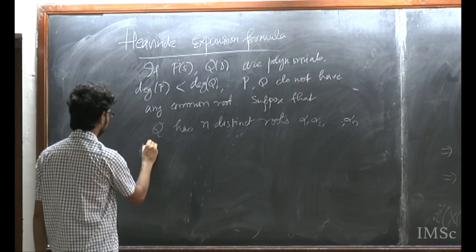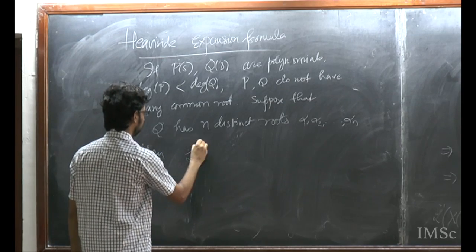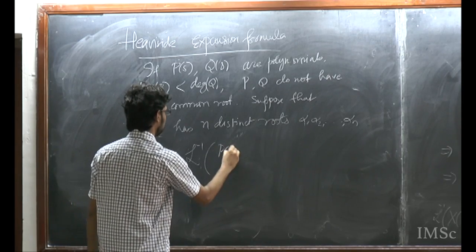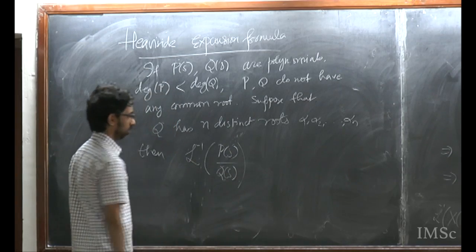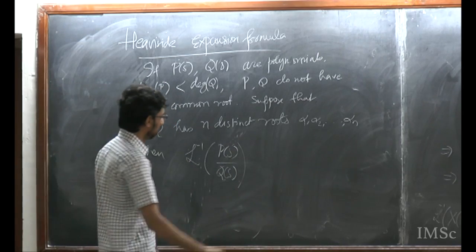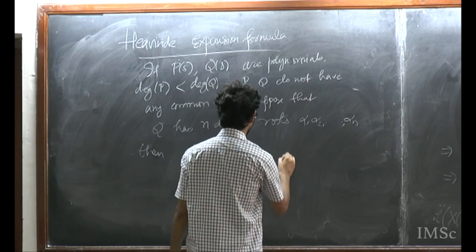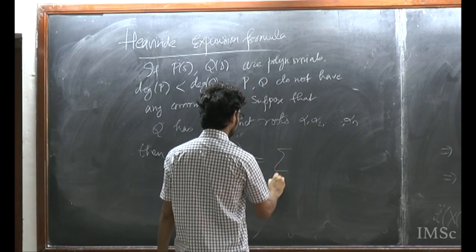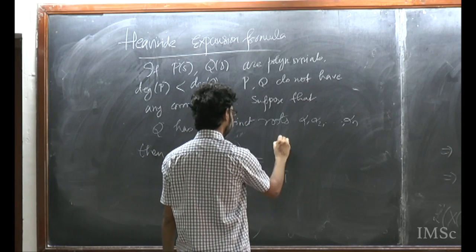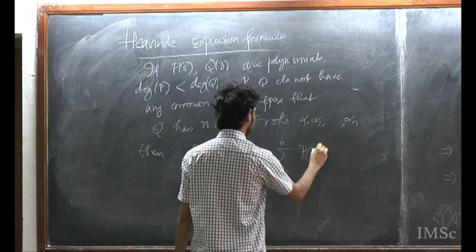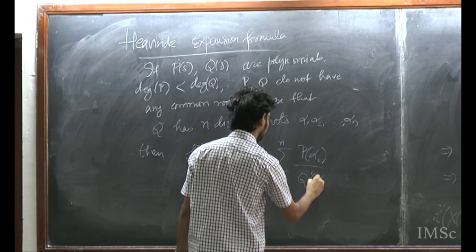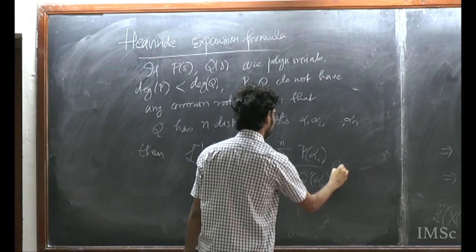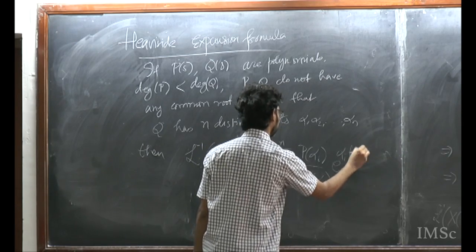Then L inverse of P(s) over Q(s) exists, and is given by the formula: the sum over i equals 1 to n of P of alpha i over Q prime of alpha i, e to the alpha i t.